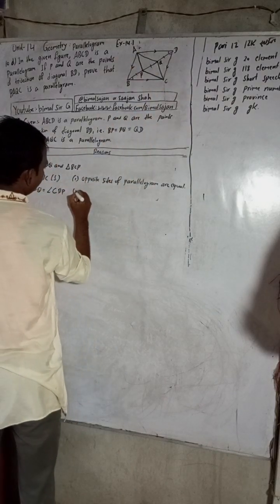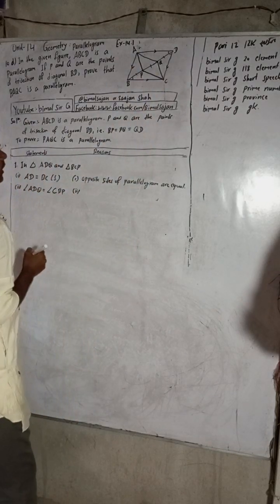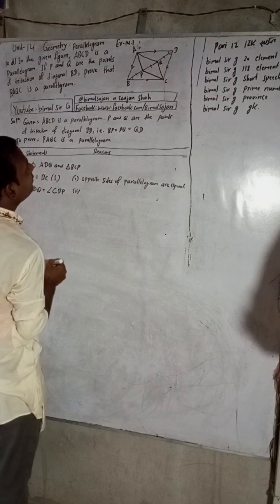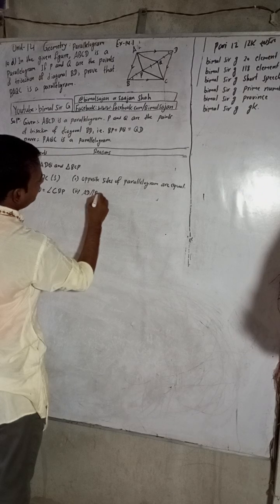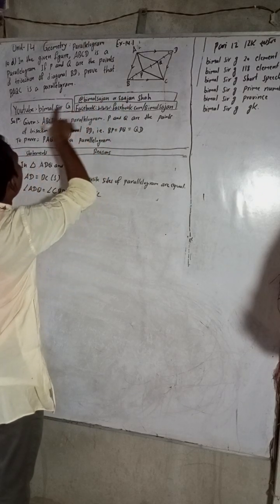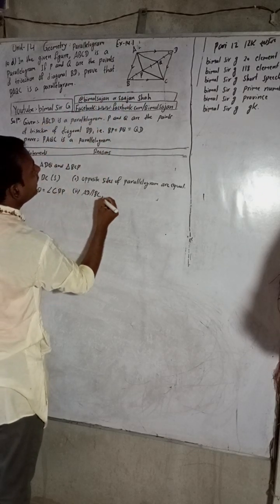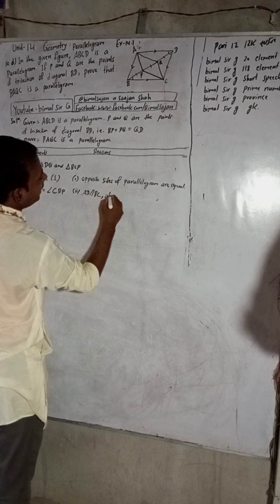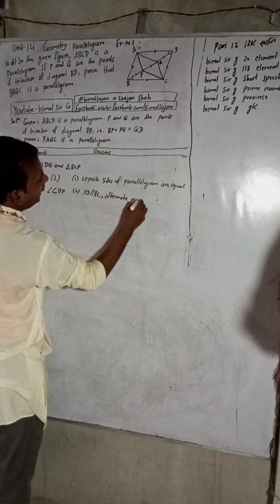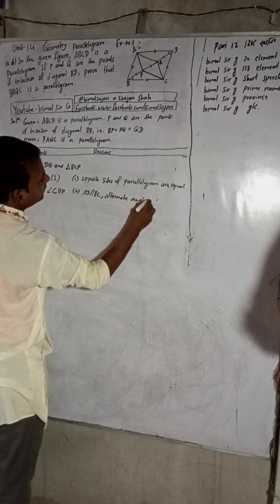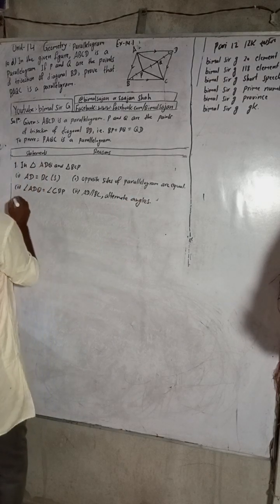What is the reason here? AD is parallel to BC. Why? ABCD is a parallelogram. So AD parallel BC, and alternate angles are equal. Number 3.